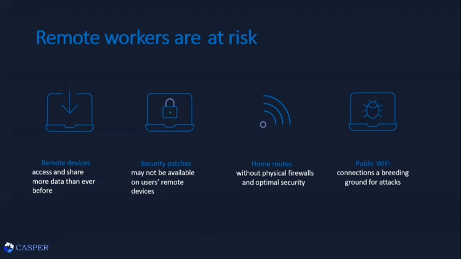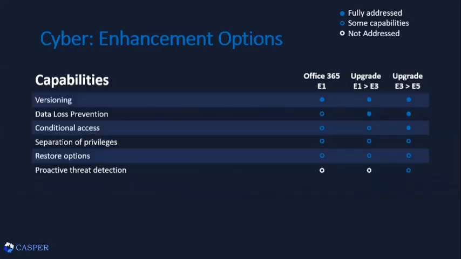So that's another factor. People don't really put firewalls in their homes to secure their home networks. And then a number of people also make use of public Wi-Fi connections, and it's like they are just running out in the open without any form of protection.